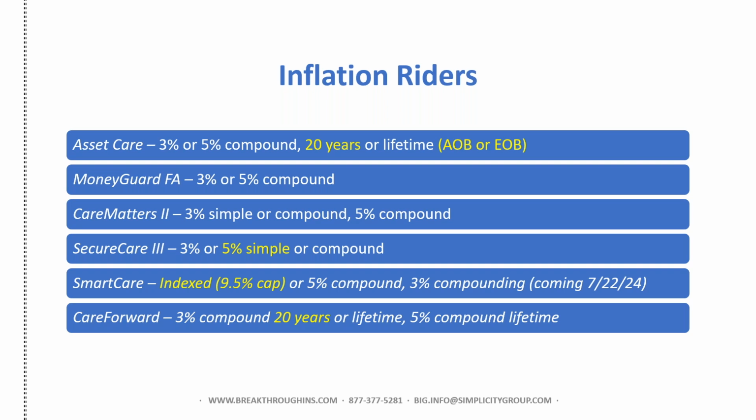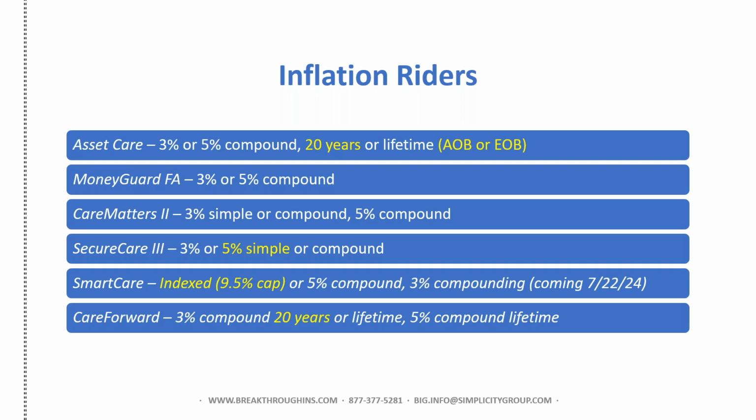MoneyGuard, 3% or 5% compound. Care Matters, 3% simple or compound or 5% compound. Secure Care, 3% or 5% simple or compound. So Secure Care, interestingly enough, with 5% simple, it's the only one who offers 5% simple. You should pay particular attention to this because 5% simple will actually outpace the 3% compound for about 34 years.